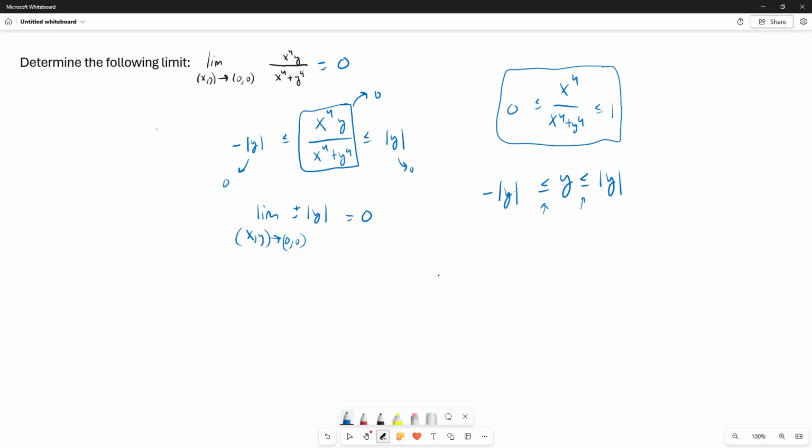So this means that x to the fourth y divided by x to the fourth plus y to the fourth, that's multiplying the middle term by this fraction, will be less than or equal to x to the fourth over x to the fourth plus y to the fourth times the absolute value of y, and bigger than or equal to negative x to the fourth over x to the fourth plus y to the fourth times the absolute value of y.